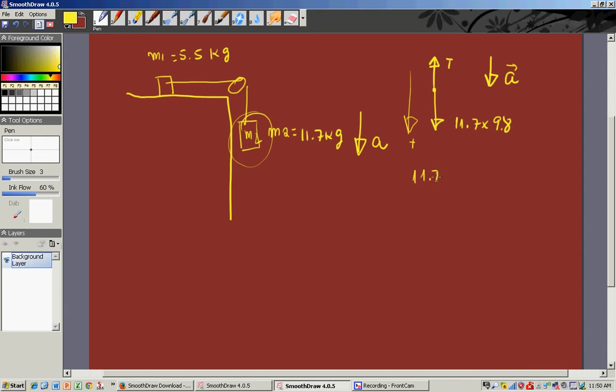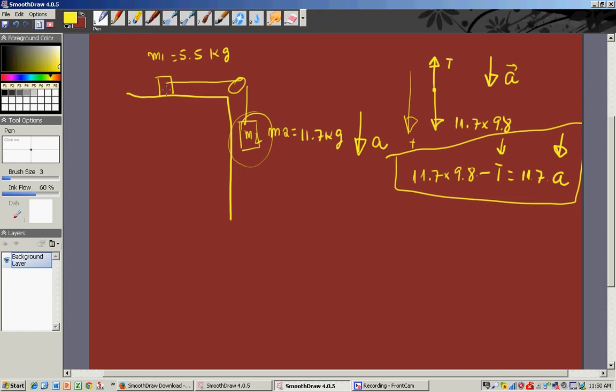It's not part of your free body diagram, but it helps you visualize what's going on. So for now, call this the positive direction, which makes our life easier. 11.7 times 9.8 minus T is equal to 11.7 times acceleration. I found myself with one equation, two unknowns. Yeah, looks like the first problem I solved, remember?